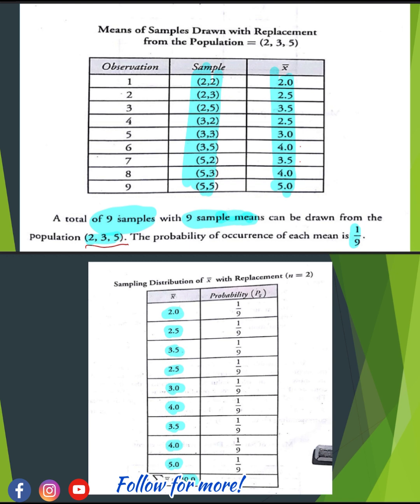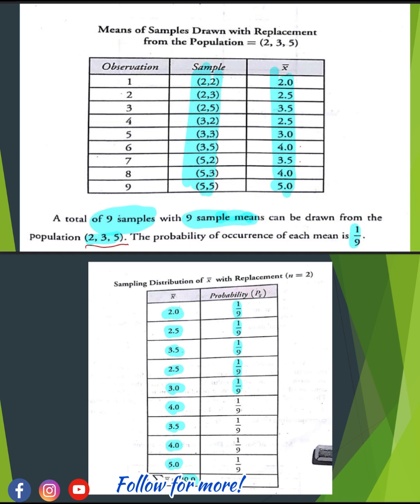So, the probability now is, since there is only one 2.0, 1 over 9. Also, for a mean of 2.5, the probability is 1 over 9. A sample mean of 3.5, the probability is 1 over 9. A sample mean of 2.5, also 1 over 9. A sample mean of 3.0, 1 over 9.